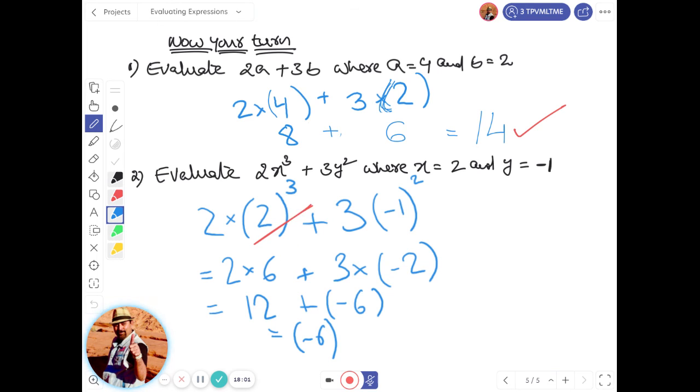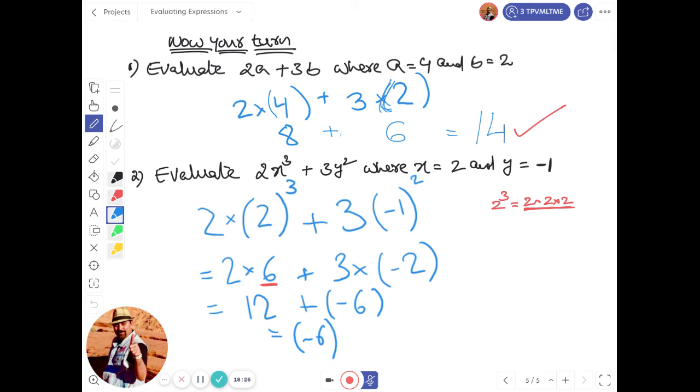2 cube. It looks like 2 times 3 equals 6, but it is not, because 2 cube means it is 2 times 2 times 2. So 2 times 2 gives me 4, and 4 times 2 equals 8. Therefore, this is the possible error.